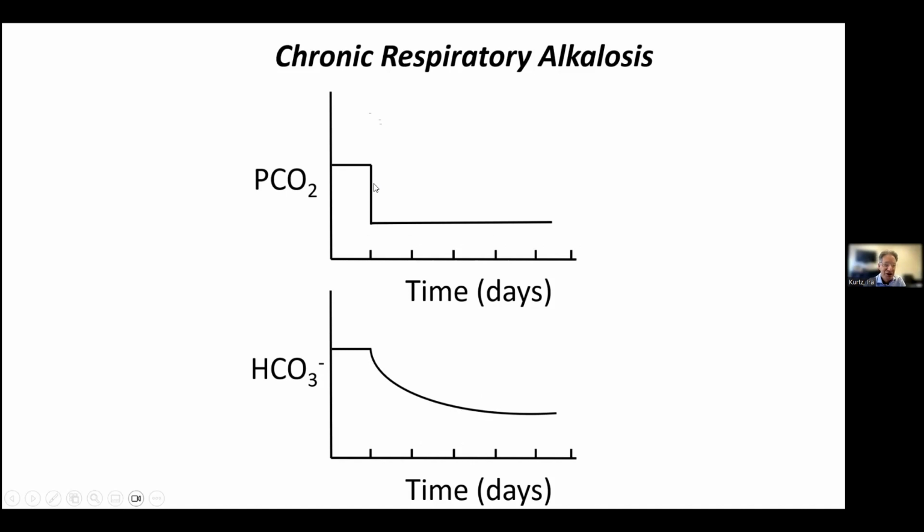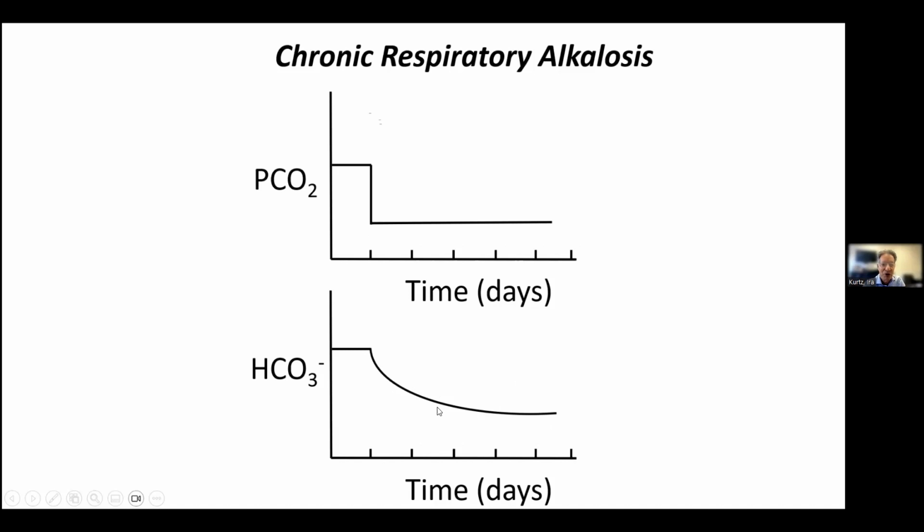Let's say in the patient we just showed, it would be dropped from 40 to 20 and kept at 20. We're not continually changing anything with the ventilation. We've dropped it suddenly and kept it there. The bicarbonate falls over a slower time course until it reaches a new steady state. And we have a medical clinical term for this acid base change, and we call it chronic respiratory alkalosis.